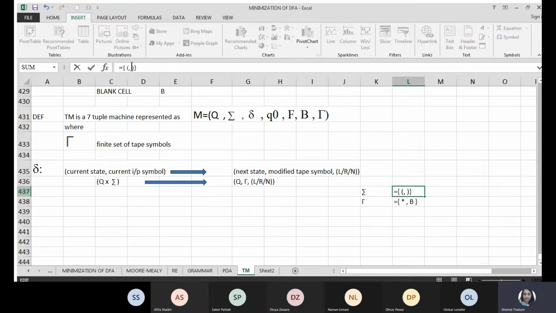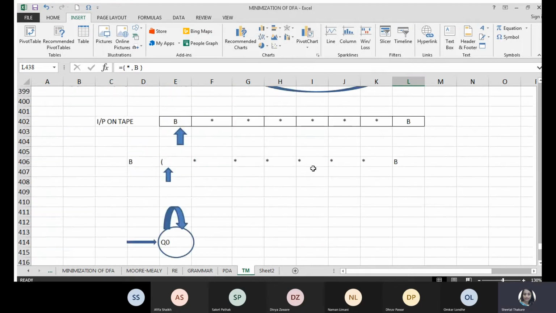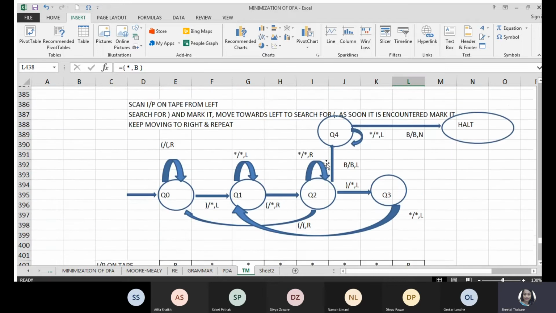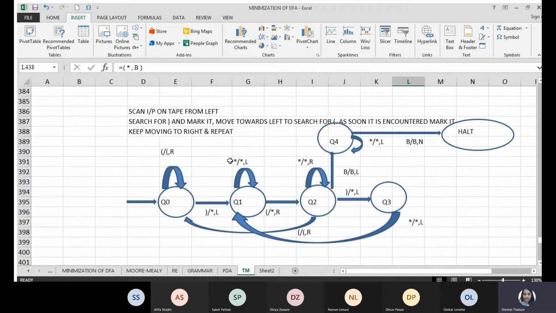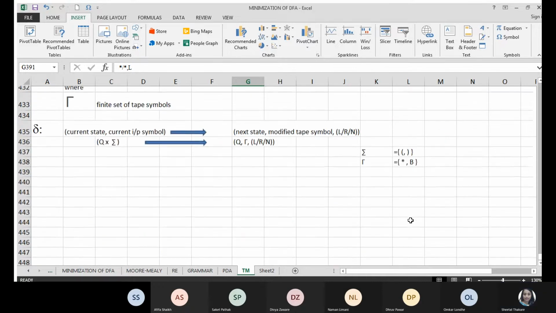So now when you enter the data in the transition table, if you consider this here, the current state is Q1, the current input symbol is star, whereas star belongs to this gamma.